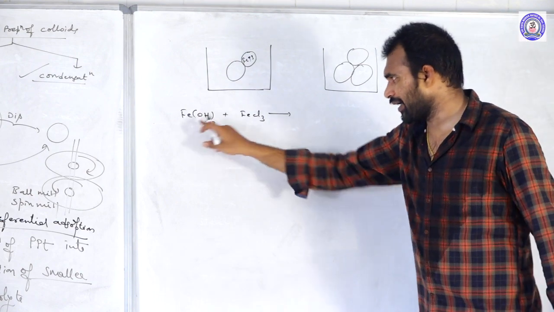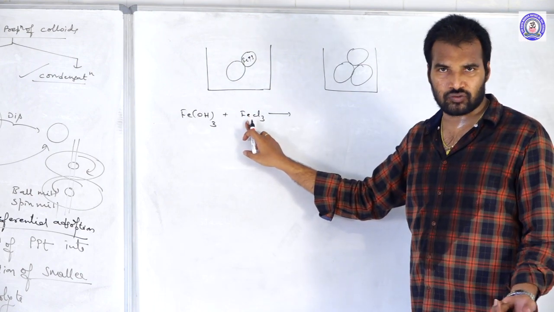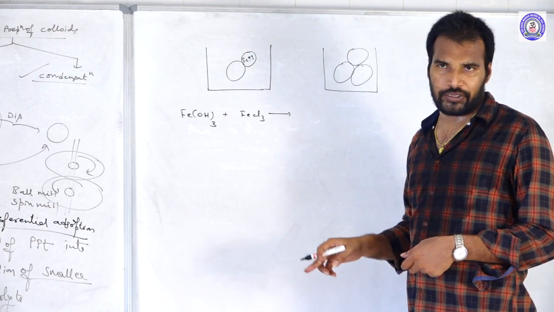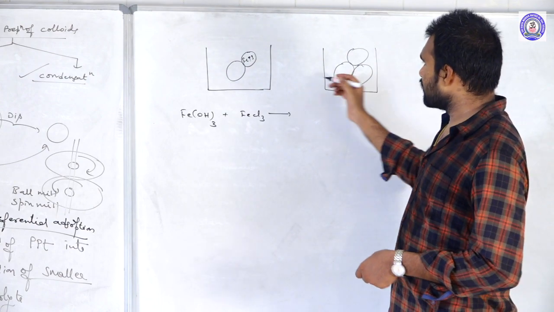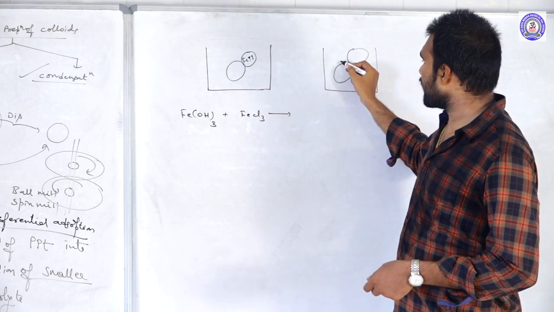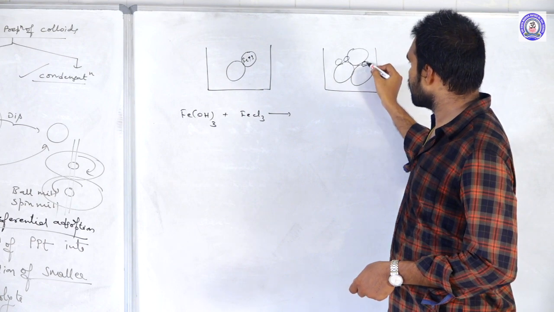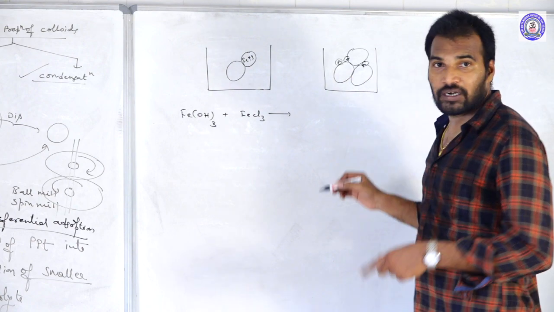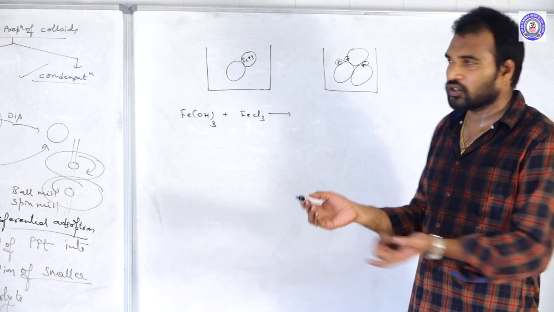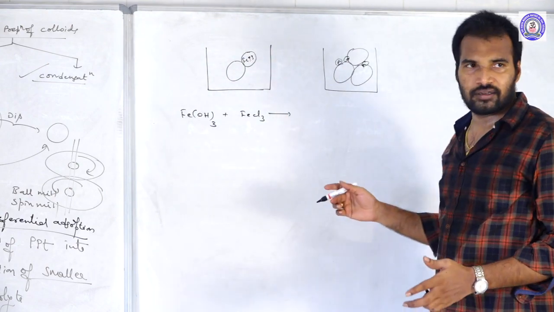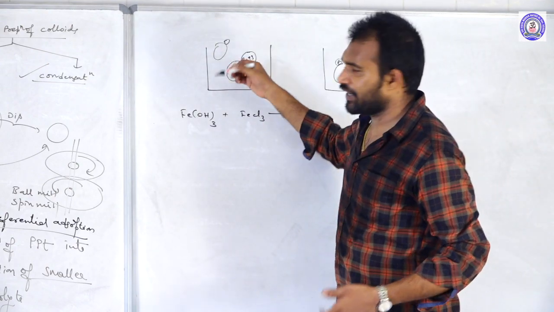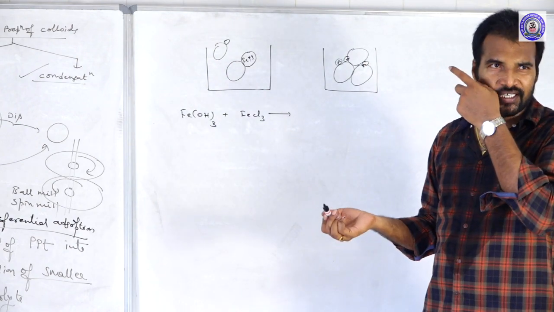Like for ferric hydroxide, FeCl3, here the Fe+3 ion is the common ion. When you add it, the Fe+3 ions go and attach on its surfaces. What is the charge over it? Positive charge. But positive charges repel each other, so the molecules move further apart. Like this we are separating them. That is nothing but a colloidal solution.